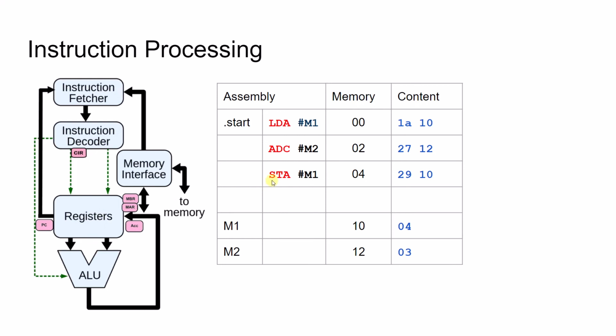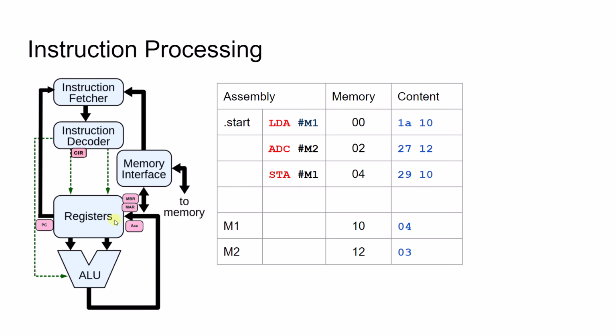So what we're going to do now is store this accumulator back into memory address number 1. So the program counter looks at address 4, pulls in the instruction, realizes 29 means store the accumulator, and it says, I need whatever address it needs.